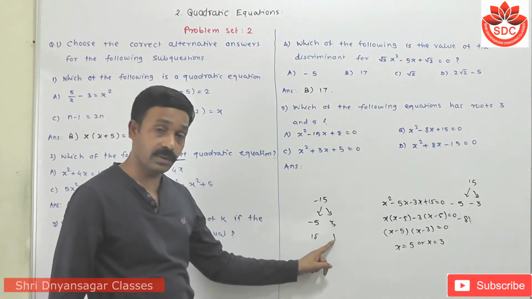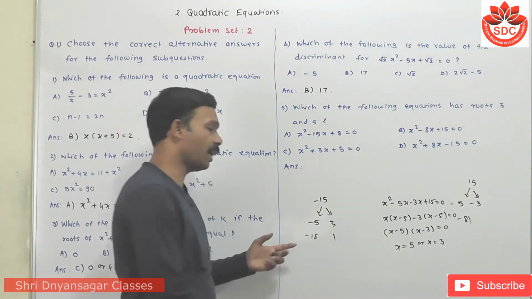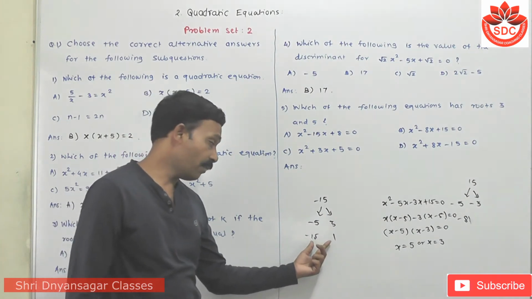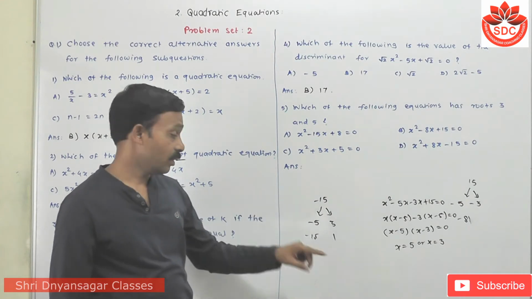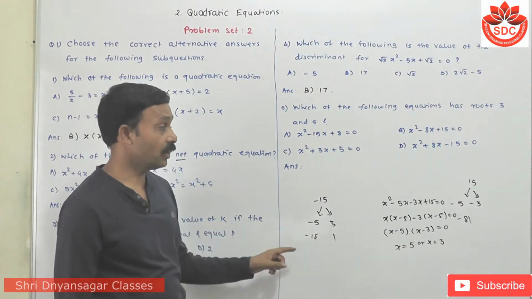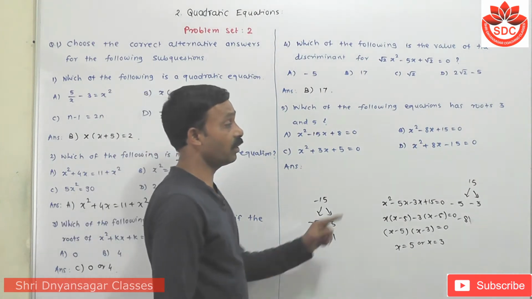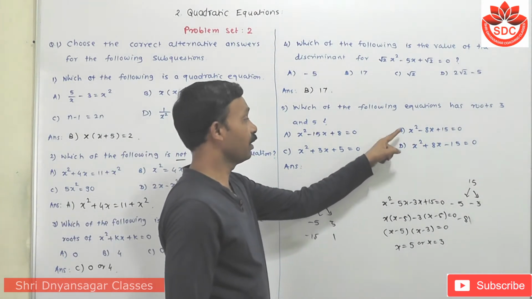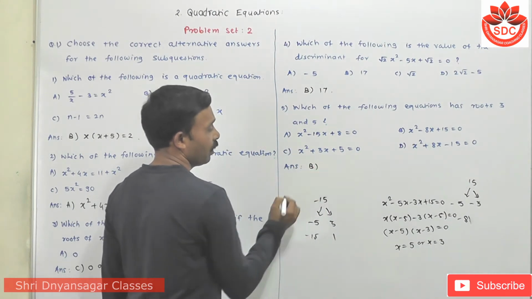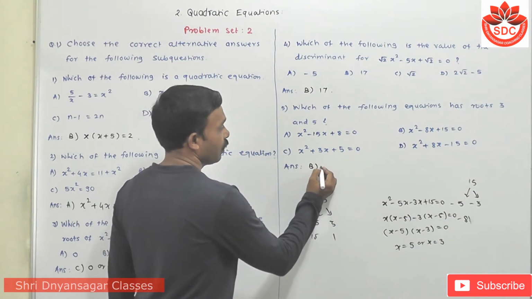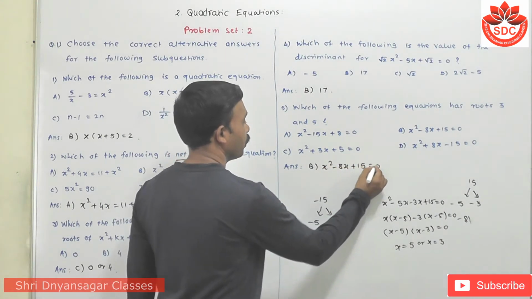For the other one also, the product is minus 15, and with any one having a minus sign, the addition is minus 14 or plus 14. So these are also not factors. So the correct answer, the equation whose roots are 3 and 5, is B: x square minus 8x plus 15 is equal to 0.